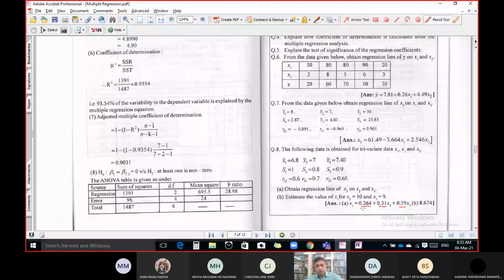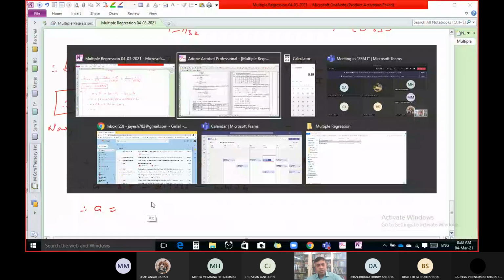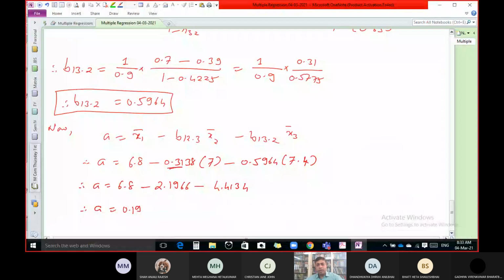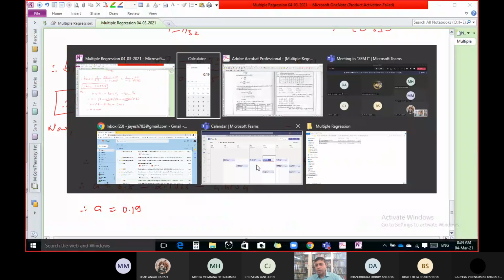Reason, because we took the full figure here. Instead of that, if we took only 0.31 and 0.59, maybe we get the perfect answer. Let us verify.